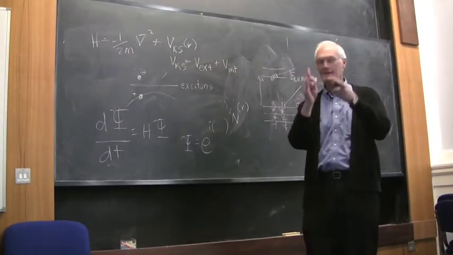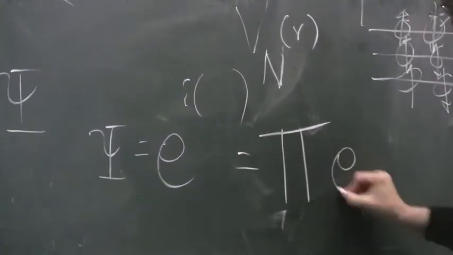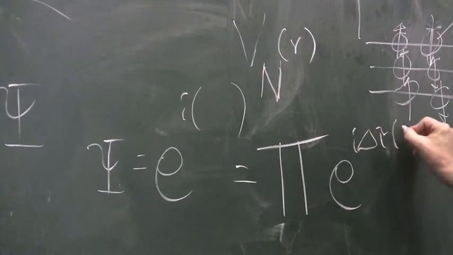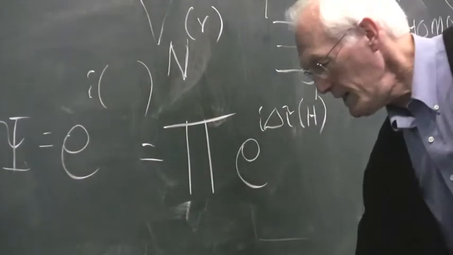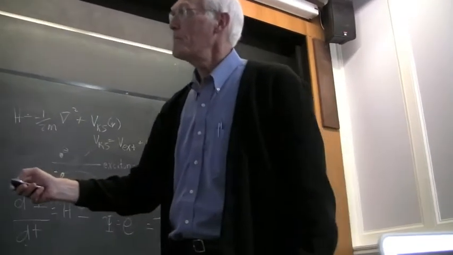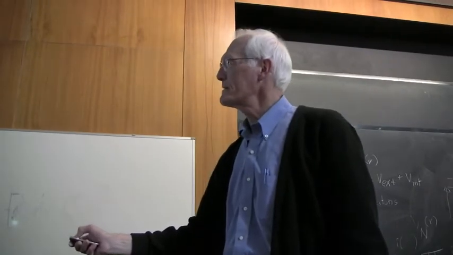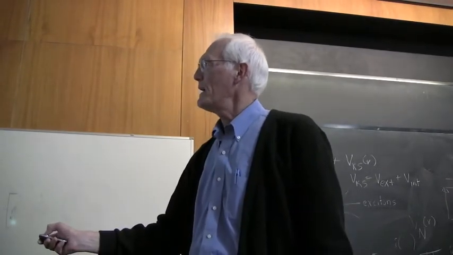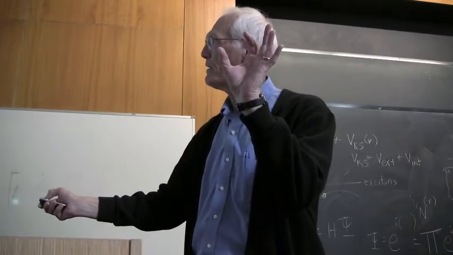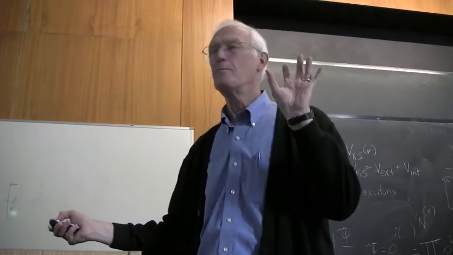But if you break it down into short time steps, a product of e to the i delta t times the Hamiltonian, then it becomes simple. It's called the Suzuki-Trotter breakup, to consider the action over a very short time difference, where you can approximate the potential and the kinetic terms as constant.